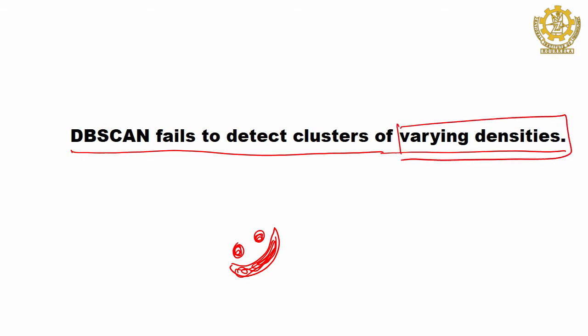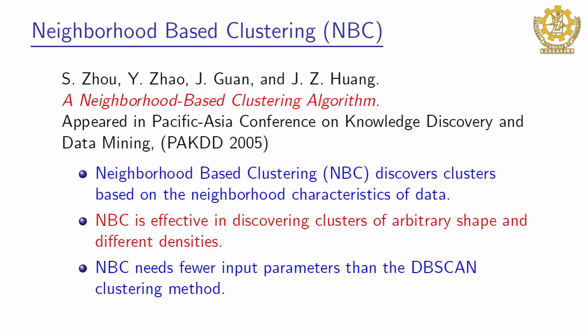Now we will talk about a clustering approach which can find clusters even if the cluster densities vary heavily. That is called NBC, the neighborhood based clustering approach. This approach was introduced in PAKDD, another top tier data mining conference.